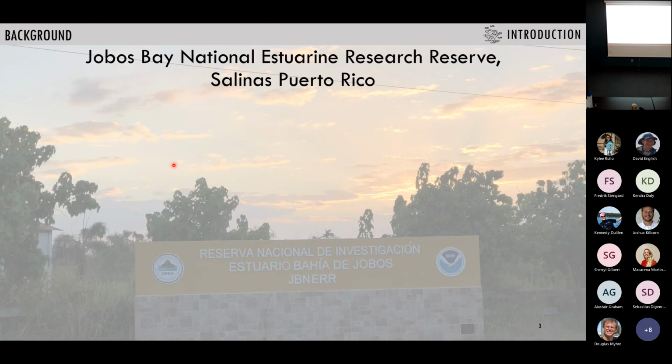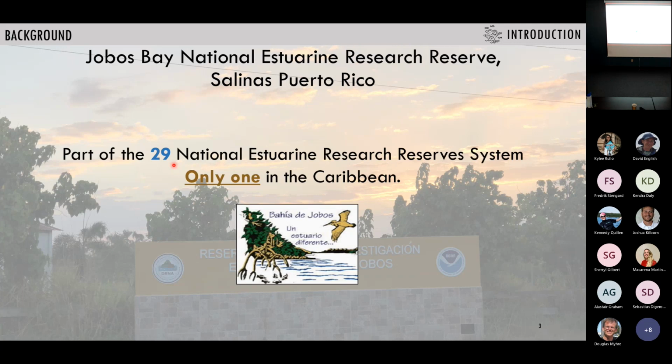My project was based in the Jobos Bay National Estuarine Research Reserve in Salinas, Puerto Rico. This reserve is part of the 29 National Estuarine Research Reserve Systems, the NERRS, and it's the only reserve located in the Caribbean.